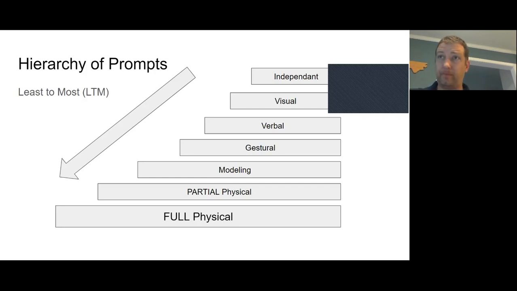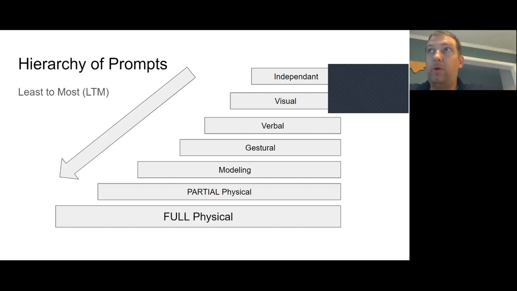Partial physical. Coming back least to most, we come in, get a drink of water, you wait your time delay, then you can guide them to where the cup is. Kind of, hey, it's over here. I'm not saying that. You're actually using your hand to push them in that direction. And you get a drink of water.